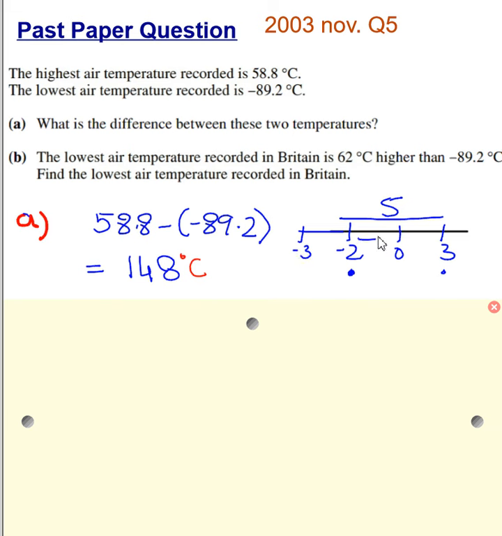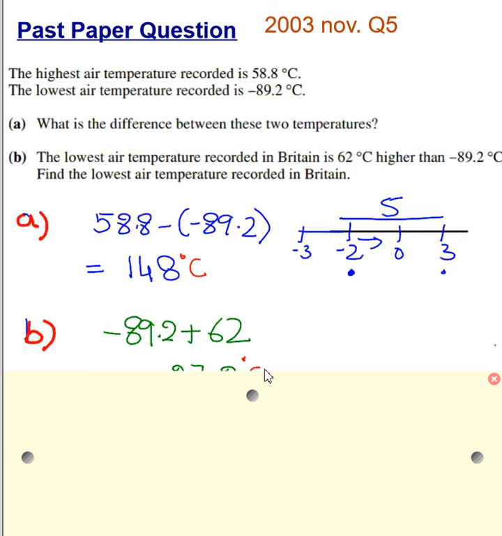So this side we have the higher number. To get the temperature which is 62 degrees higher than minus 89.2, we will add 62 to it, right? So that we get a number to this side. So it will be minus 27.2 degrees centigrade. I hope you understand this.